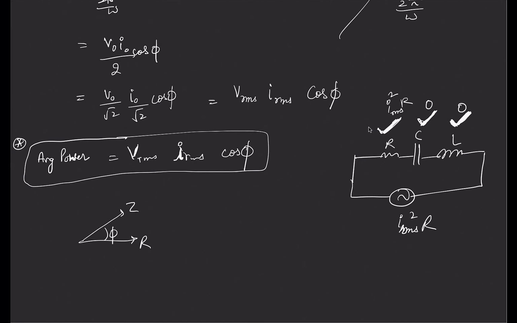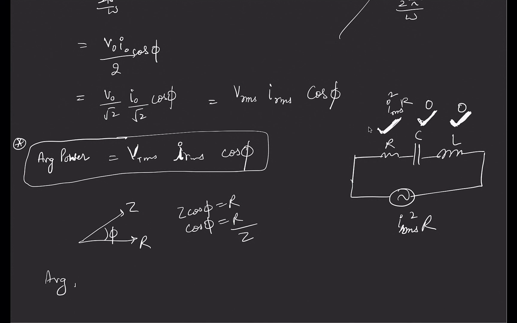So here Z cos phi is equal to R, which implies cos phi is equal to R by Z. So let's replace cos phi as R by Z above.